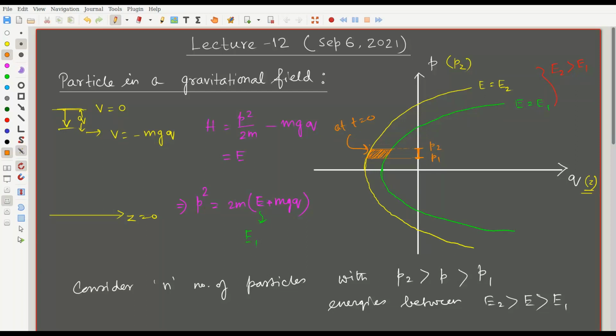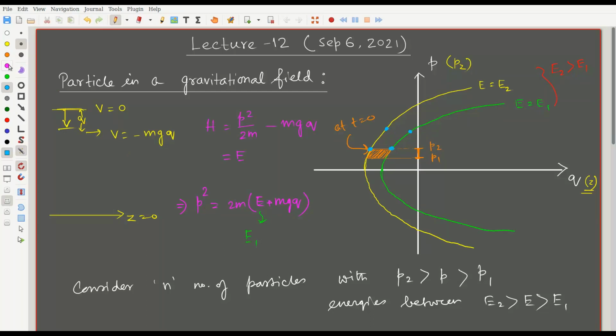Now I know that in this scenario, Hamilton's equation transports them along the trajectory of constant energy. So for example, after time t, this point will be transported somewhere over here, because it will be transported along this line, and this point will be transported somewhere along here.